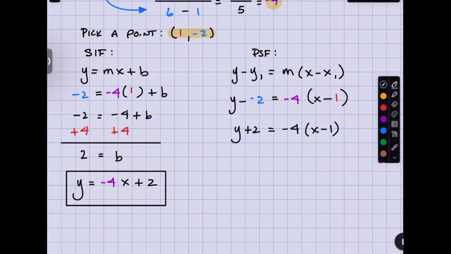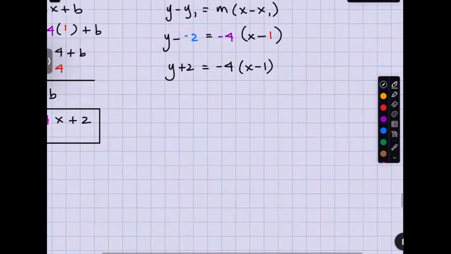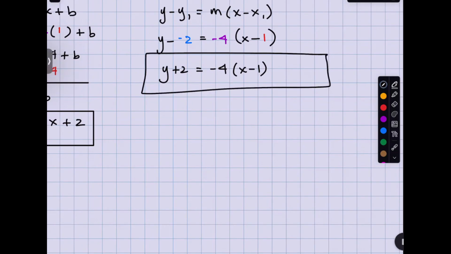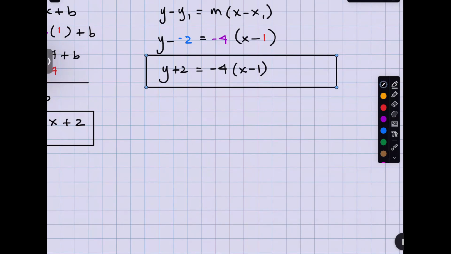The reason why I just made that step is because this is actually a very important answer. And this is when you actually have to use this form, because this form is the only way that you're going to get the right answer if they were to ask you for point slope form. So in the directions, if I ask for point slope form, this is what it wants.